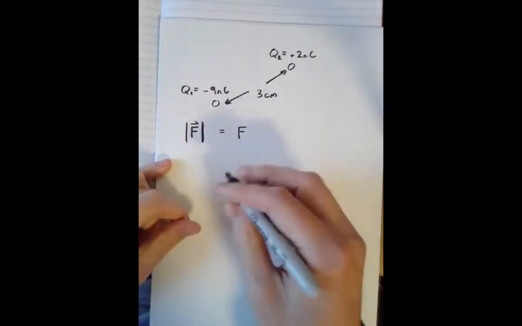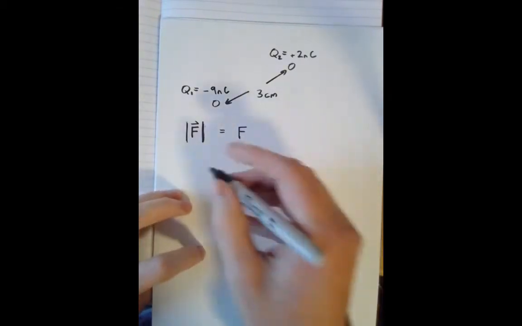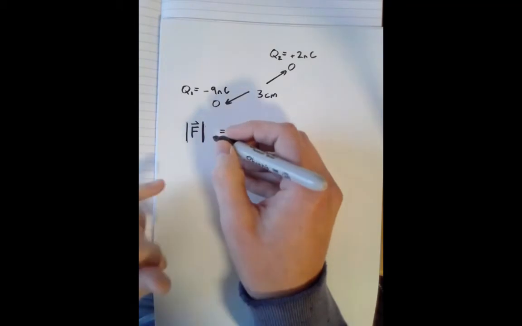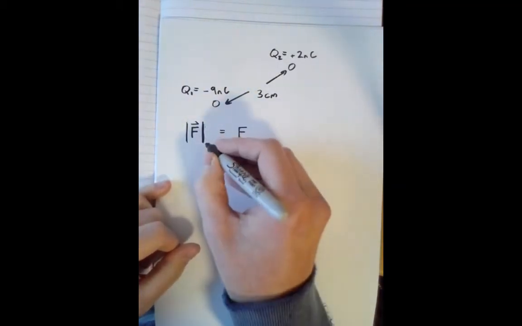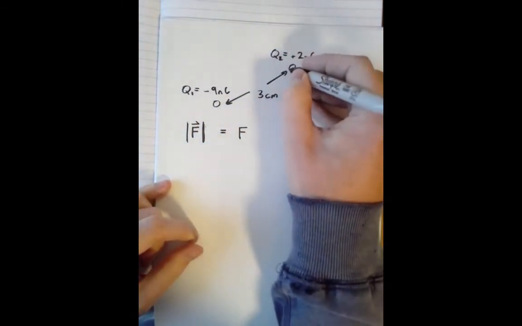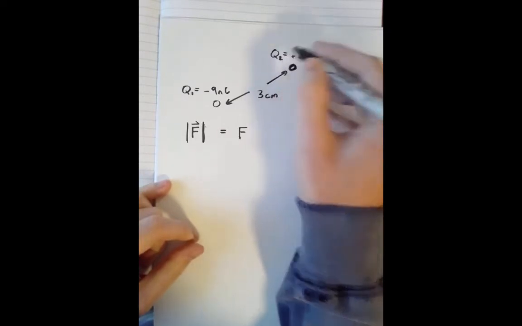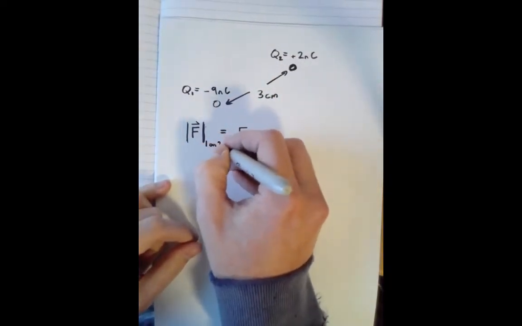Okay. Another really good habit to get into, and it can avoid so much confusion, is always in a subscript write down what is causing the force and what is the force acting on. So let's focus on the force acting on charge 2 from charge 1. So this is the force of 1 acting on 2.